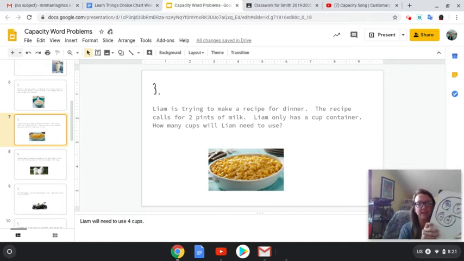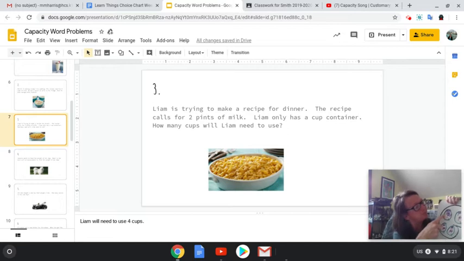Well, let's look at this. He needs 2 pints of milk, but he only has a cup container to measure out the milk. So, how many cups if he needs 2 pints of milk? Well, let's look at how many cups equals 1 pint. 2 cups.